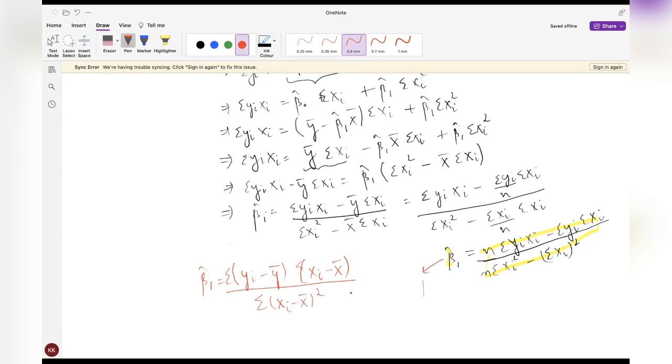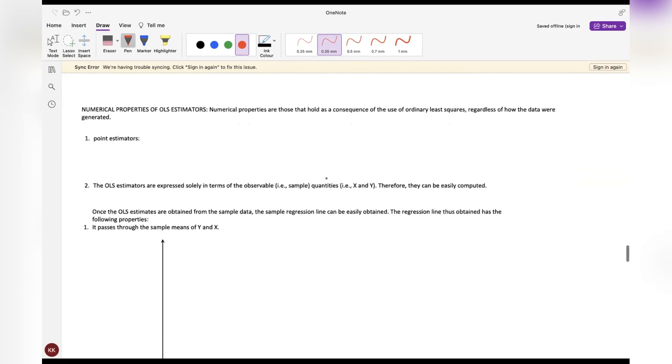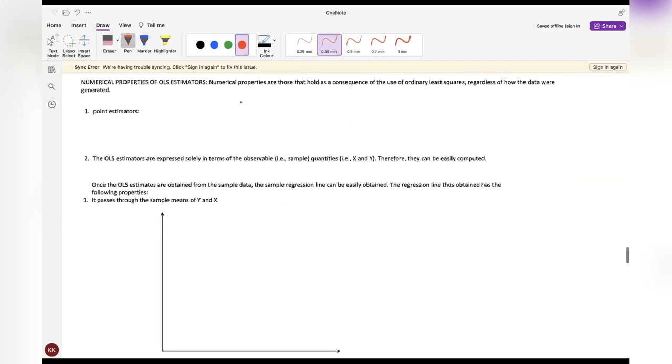How can we counter check this? Simply take the numerator, open this up, and with the same manipulation that x bar is equal to summation of xi upon n, we can come to this numerator. Similarly, for the denominator, open this up and we will come back to this denominator. So this is another way of writing beta 1 hat.